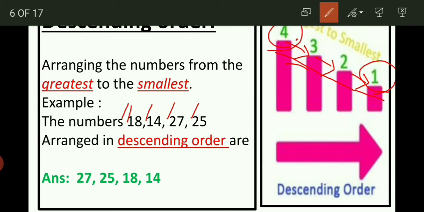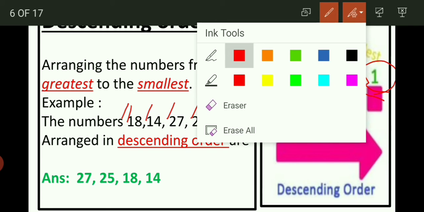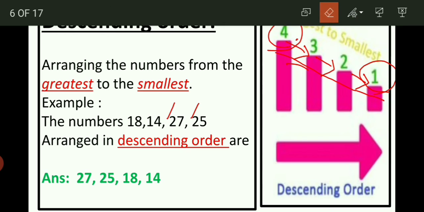Because we are searching for the greatest number, we don't need these two numbers, because 1 is smaller and 2 is greater. Now within 25 and 27 we will search for the greatest number.